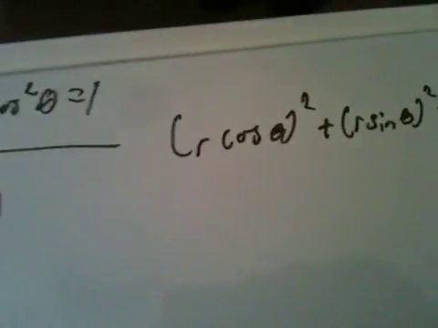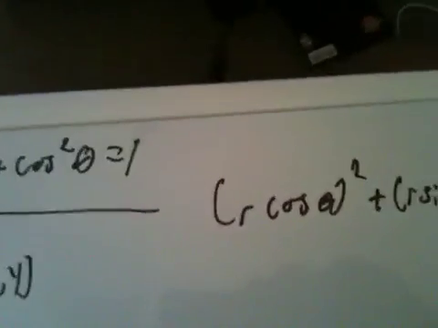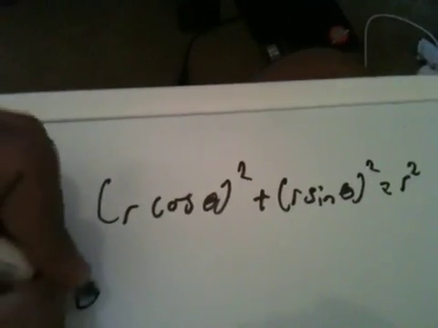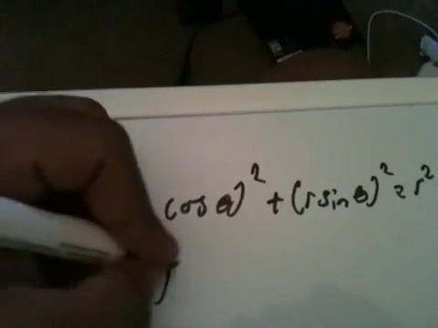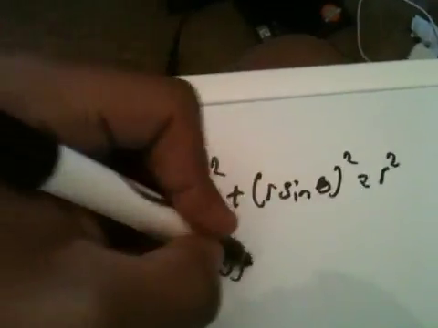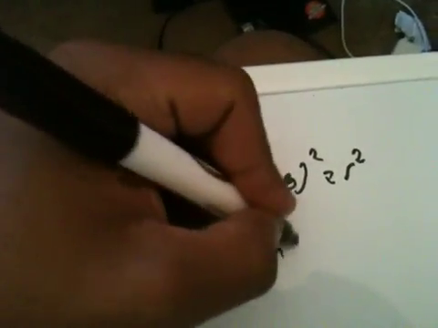All I did here was substitute x and y from what we got. And now we're going to expand this. So I'll write out the multiplication so you can see it's r cosine theta times r cosine theta, plus r sine theta times r sine theta, equal to r squared.